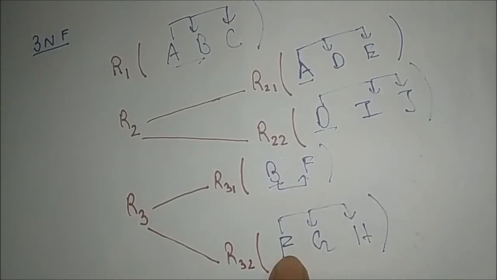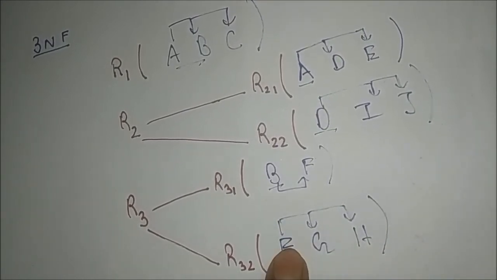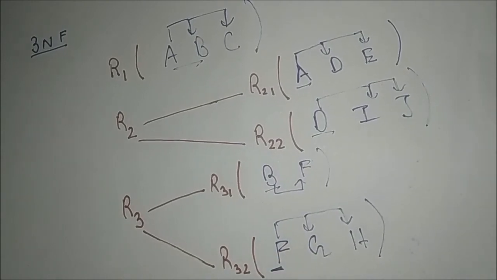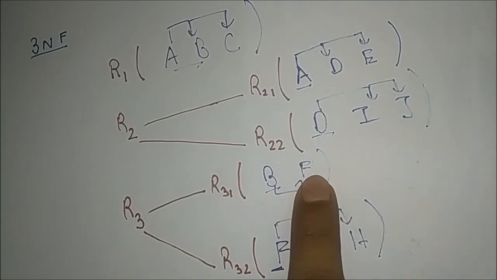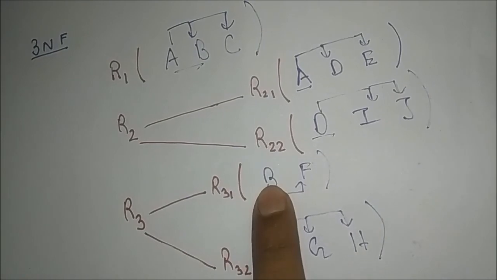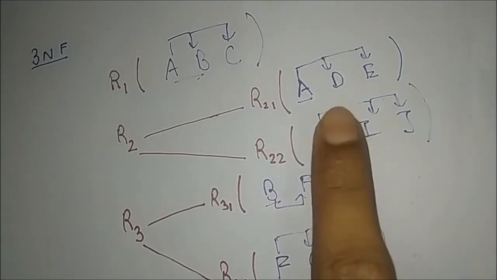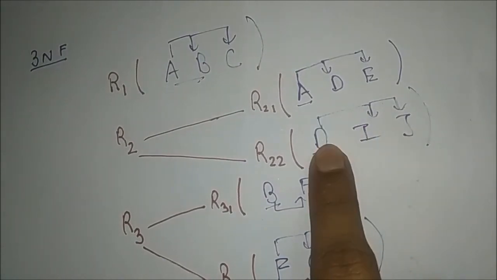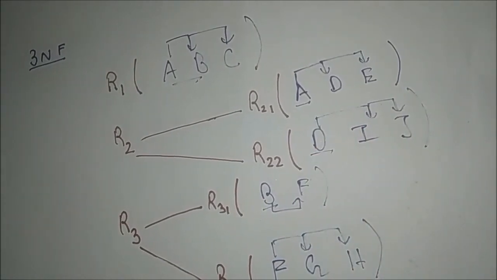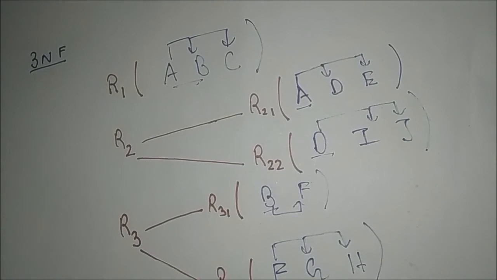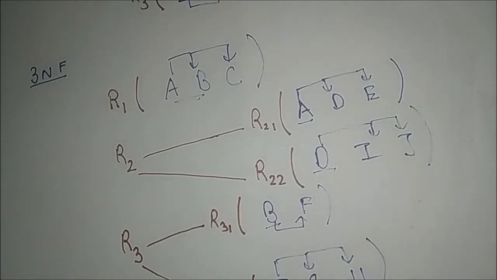F is a candidate key and G and H are fully dependent on F. Similarly here, F is depending on B, the full candidate key, so no partial dependency. Similar thing here also, I and J are depending on D, no partial or transitive dependency. So this is how you can convert a given relation into 2NF and 3NF.